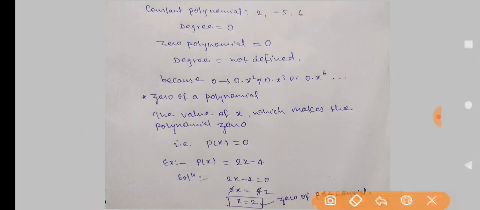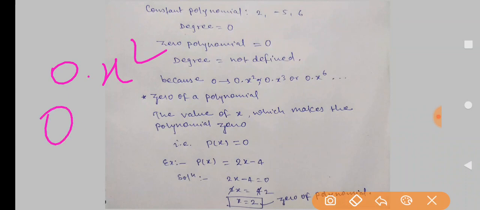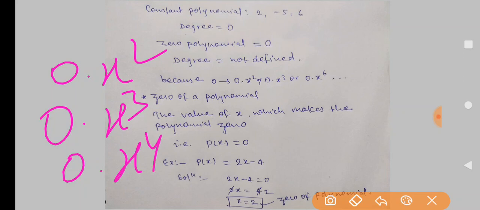Because we can write 0 as 0 into x square, 0 into x to the power 3, 0 into x to the power 4. So there are many degrees, that is 2, 3, 4, 5, so we can say that the degree is not defined for the zero polynomial.